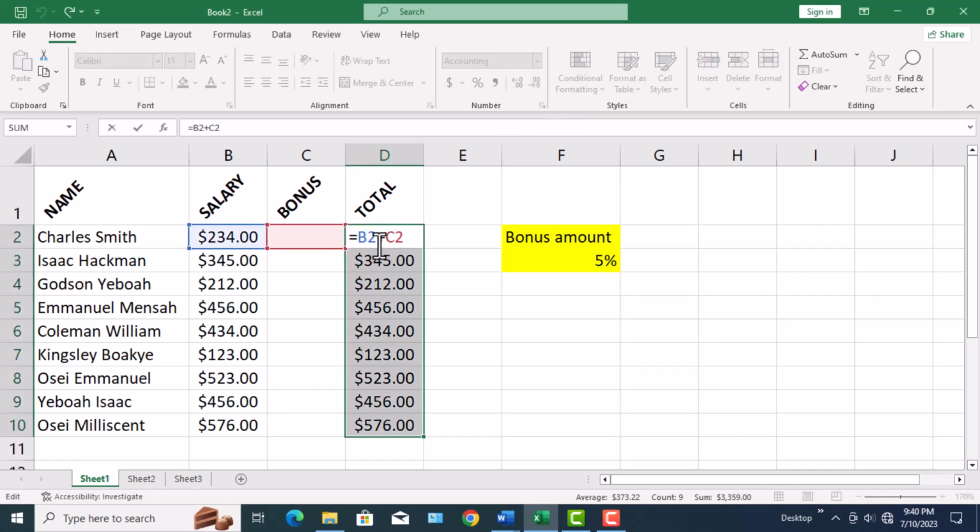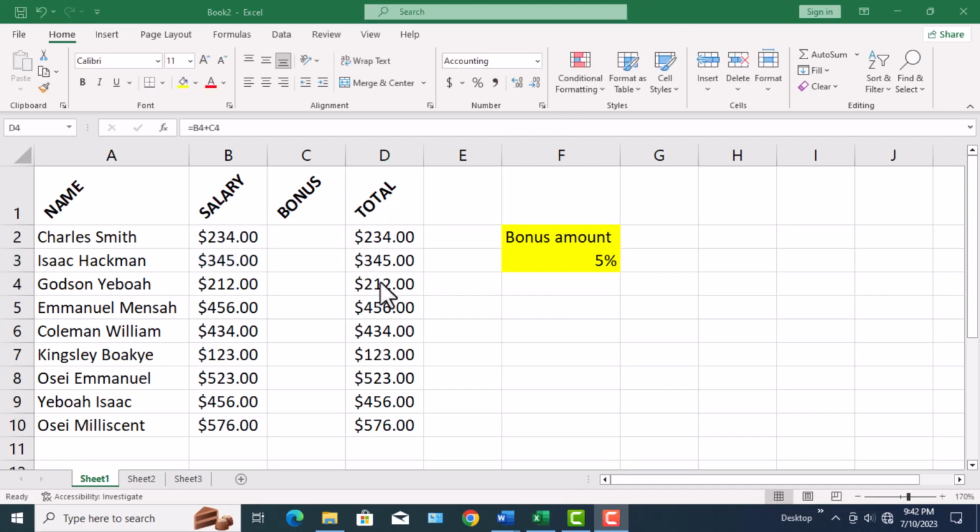For the first person, we have equal to B2 plus C2. We move on to the second person and we have B3 plus C3. So as the B column is shifting down, the C column is also shifting down.